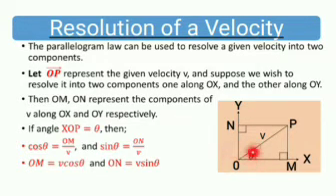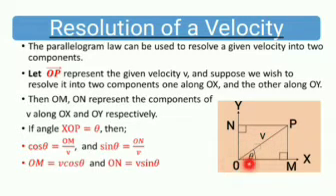Now, if angle XOP is represented by theta, then to find this component we can use cos. We know the component we are looking for is OM, and we have this line as the velocity.